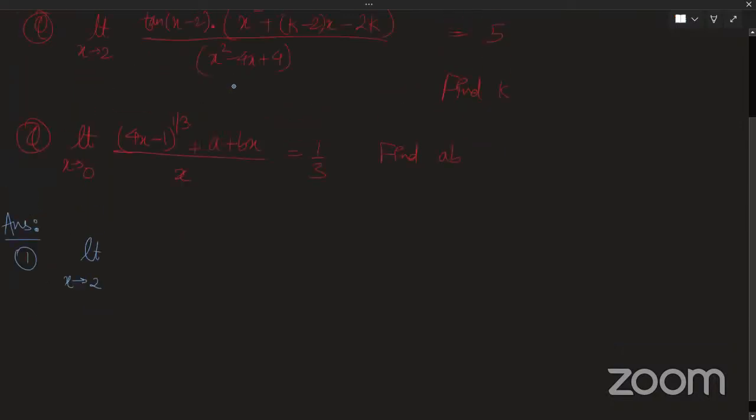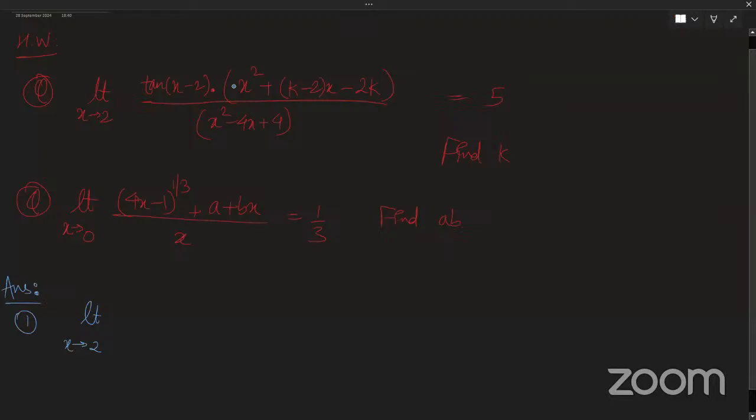Actually, the first step shouldn't be that ideally. I'll tell you why. When you differentiate it one time, what will your denominator be? Differentiating the denominator gives 2x minus 4, and x is tending to 2.